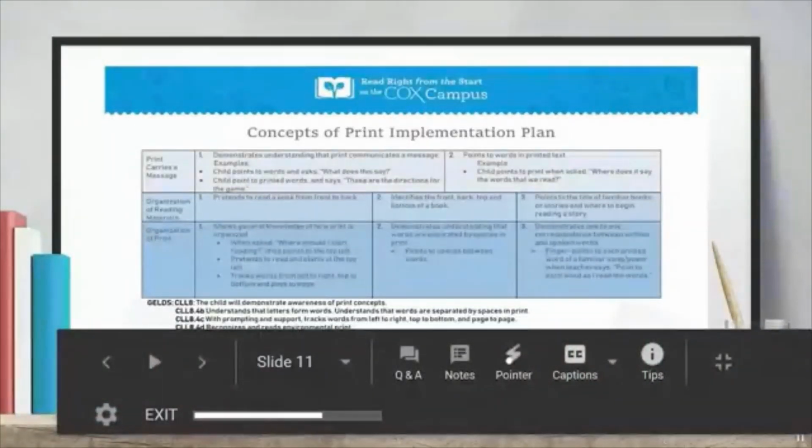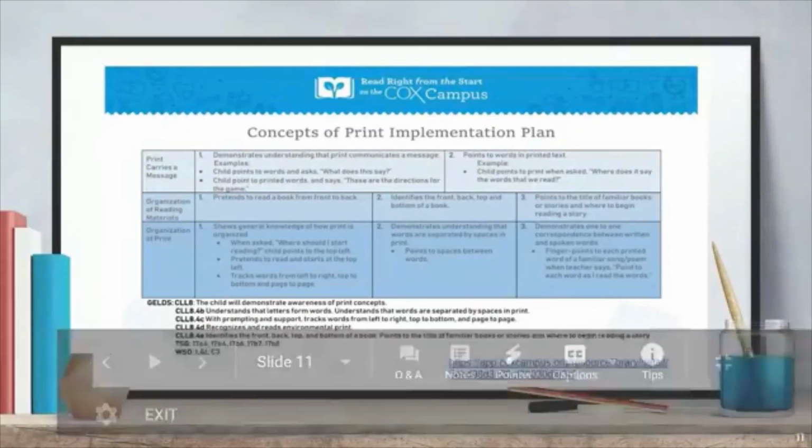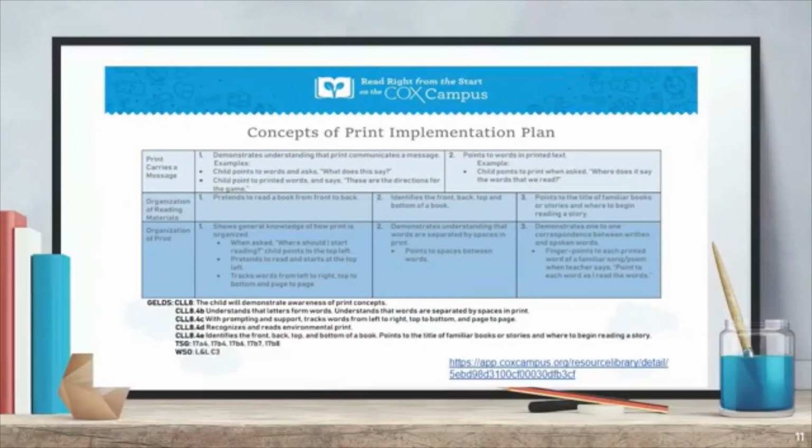So right here, what you're looking at is the Concepts of Print implementation plan that is now on Cox Campus. It's aligned with GELDS, TSG, WSO. So you'll see that you can use this during planning when you're trying to figure out what particular skills you want to target. You can read this chart from left to right.